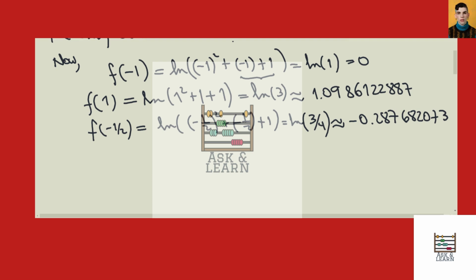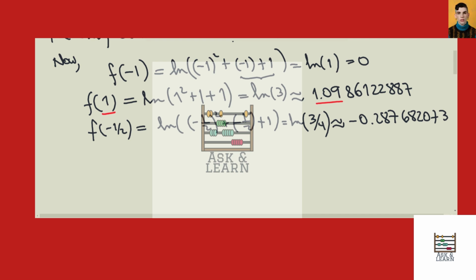From these values we know that the largest value is natural logarithm of 3, which is about 1.09, the image at the right endpoint. That is the absolute maximum value of the function on the interval -1, 1, attained at the right endpoint of the interval.